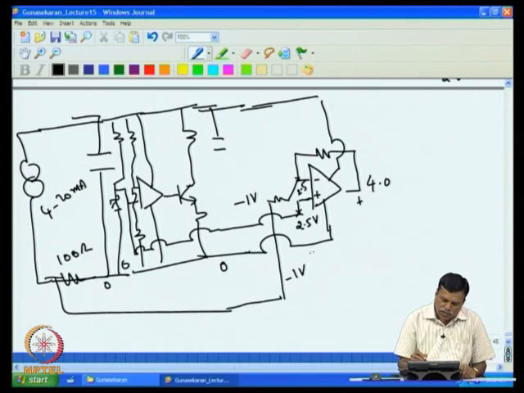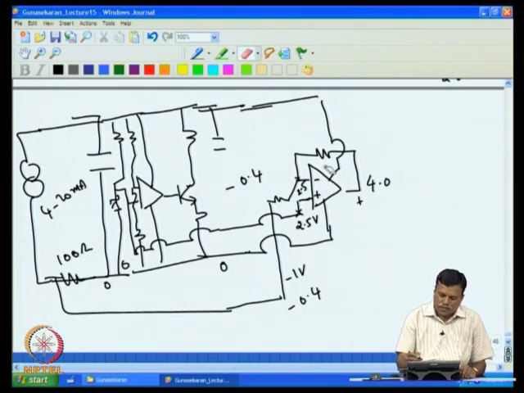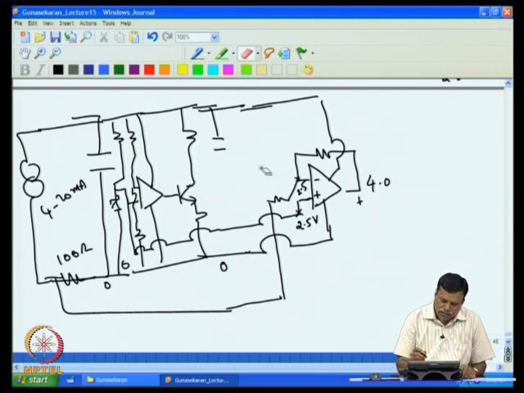Then when it goes to minus 0.4, then current is low, so you will have minus 0.4. You will get 2.9 volt difference. There is one small mistake. Actually, in the earlier case, assume we get minus 1 volt.